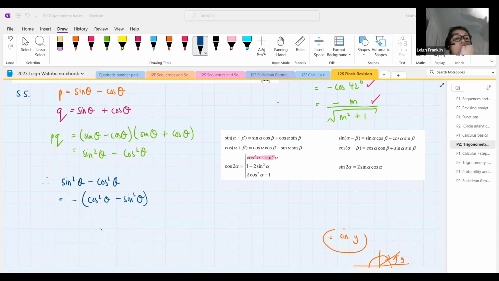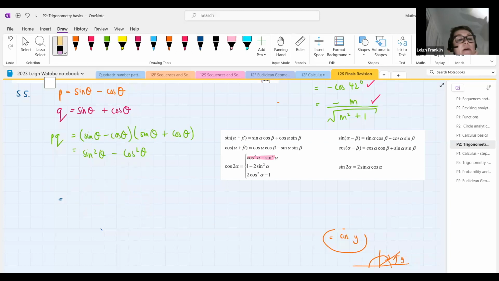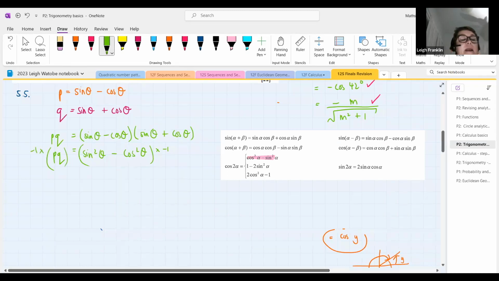Or I suppose the other way that I could look at it over here is, let me bring my PQ down. If I take this side and I multiply it by -1, I can take that side and multiply it by -1. Then I've done the same thing to both sides of my equation.